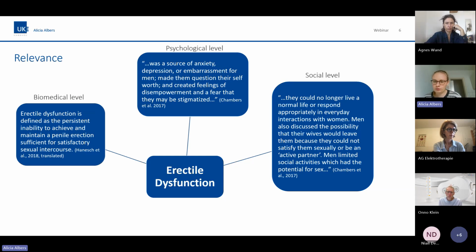They say that they could no longer live a normal life, and there's a fear of losing their wife, and it also includes men who define themselves as homosexual, and they avoid going to parties where there are possibilities to have sex because of the erectile dysfunction. So on all these levels, erectile dysfunction is a factor for men after prostate cancer treatment.